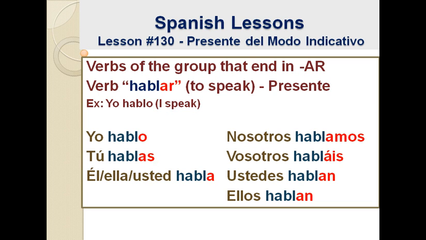Remember, usted is the formal way of addressing somebody, but it is you. It is a second person of the singular. However, it is the formal you, and it conjugates as if it were the third person of the singular, right? So, tú and usted are both you, but one is informal, the other one is formal. When do we use usted? When we are addressing somebody we are unrelated to, for example, somebody in the street, somebody in a shop, okay, or also somebody that is hierarchically superior to us, like our boss.